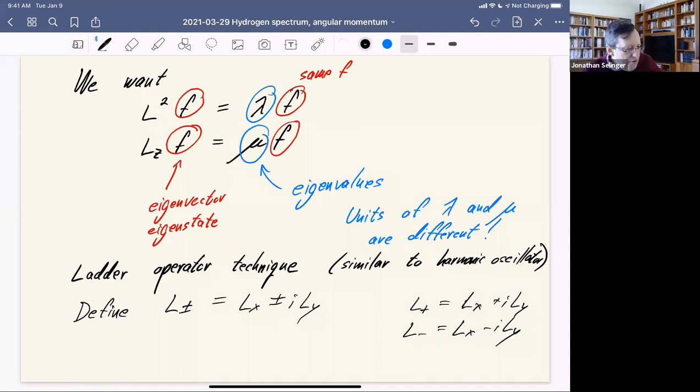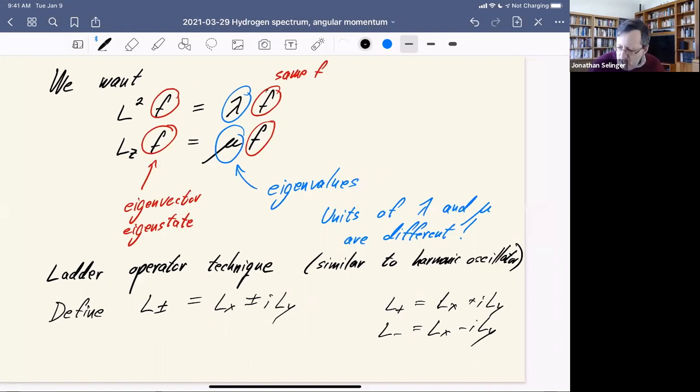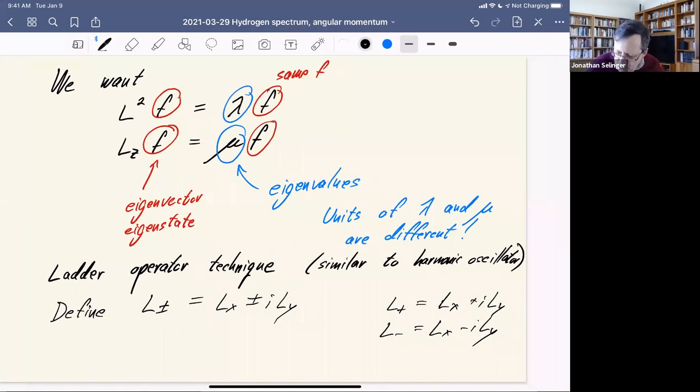I want to show you what these operators do and how these things can be regarded as ladder operators. Once again, we can figure this out using commutators. It turns out to be a useful technique.